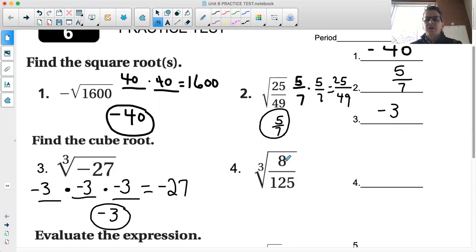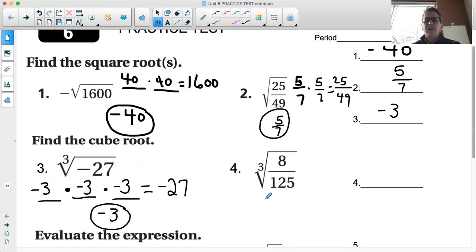Number 4, the cube root of 8 over 125. Again, we have a couple perfect cubes here. The cube root of 8 is 2, and the cube root of 125 is 5.